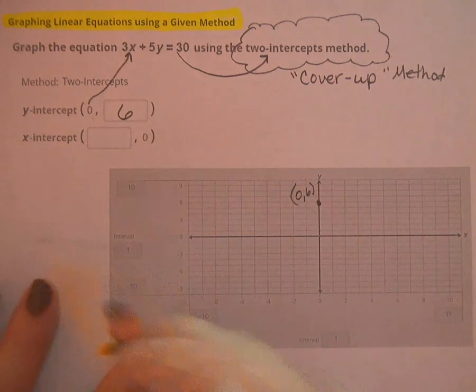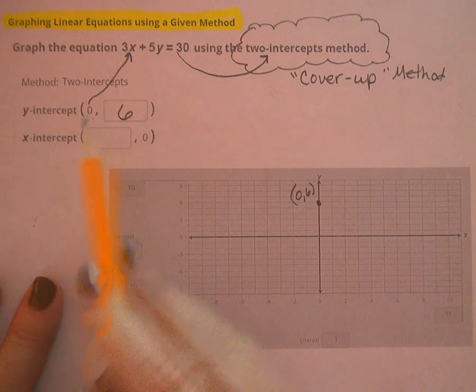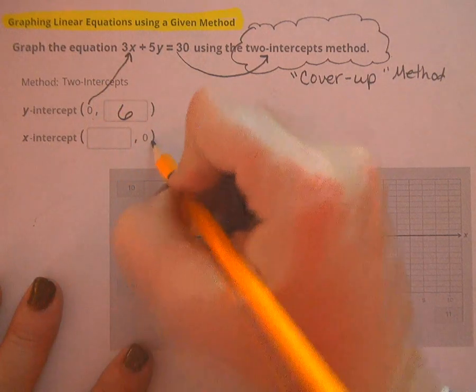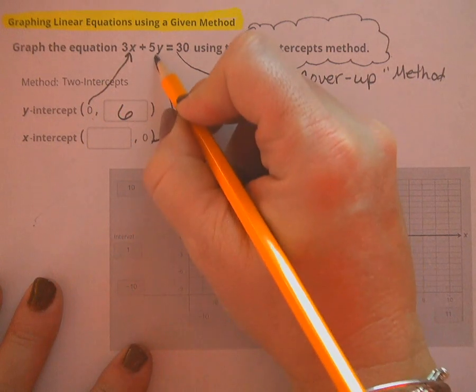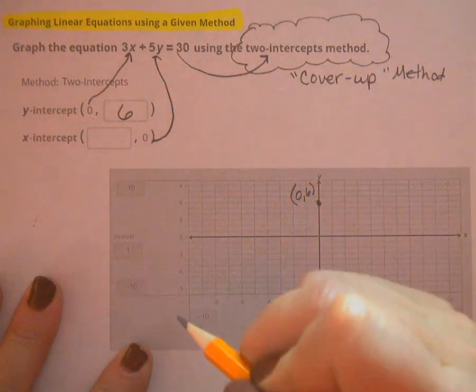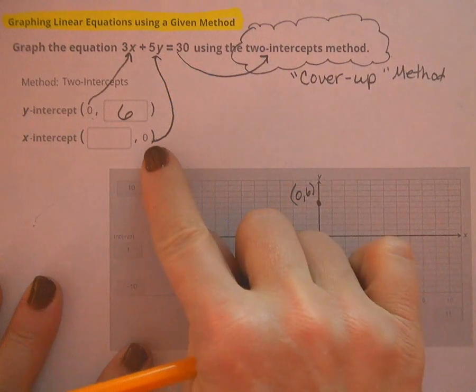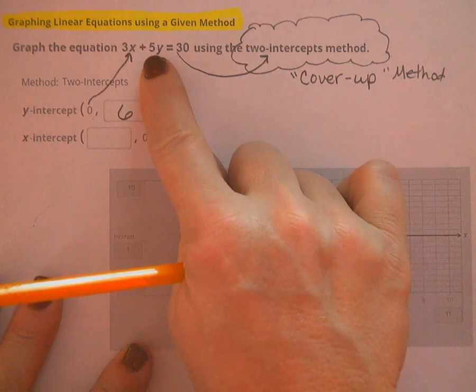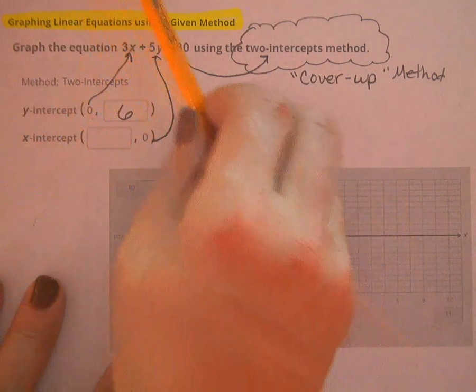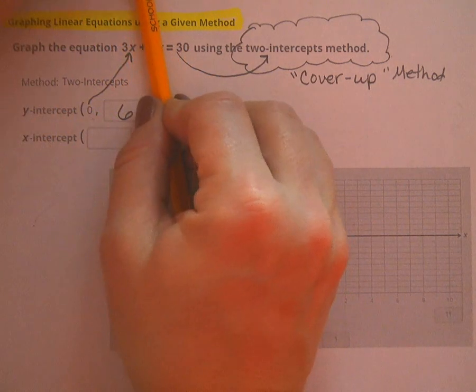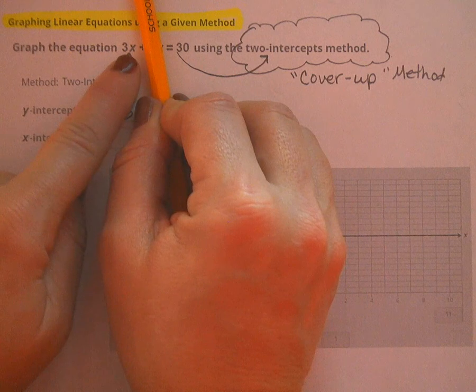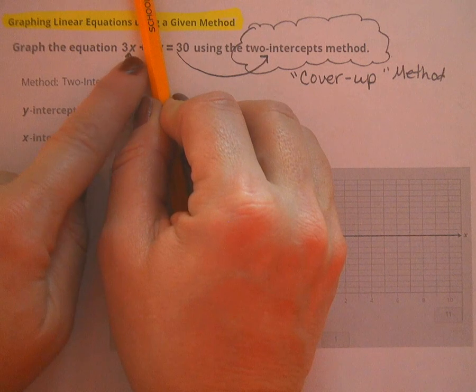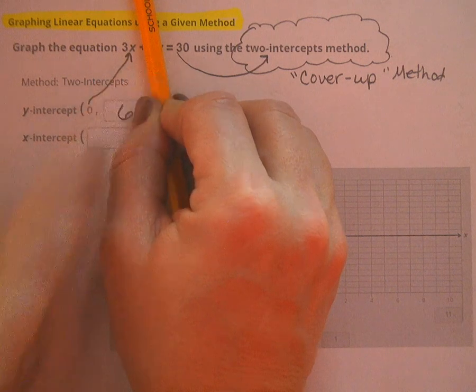So the second intercept is the x-intercept, and that is when we put y equals 0. So when y is 0, what's 5 times 0? So I'm going to put my pencil here to cover this up. So we have to solve the equation 3x equals 30. 10.